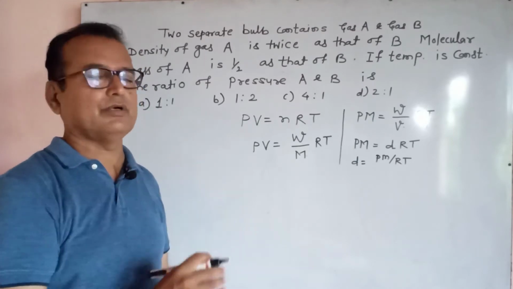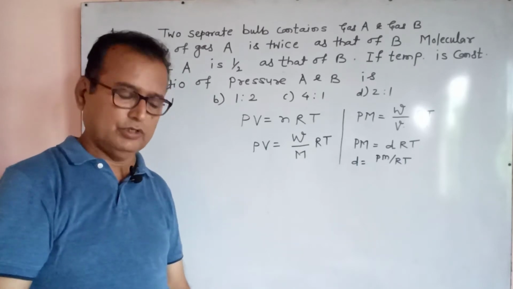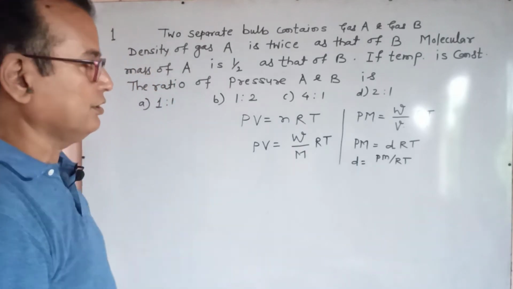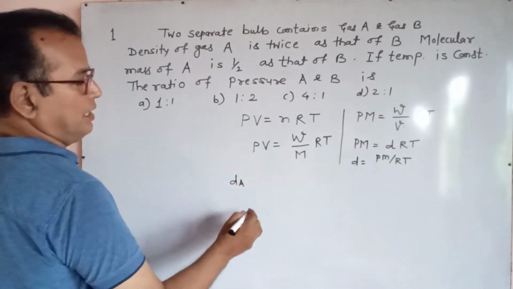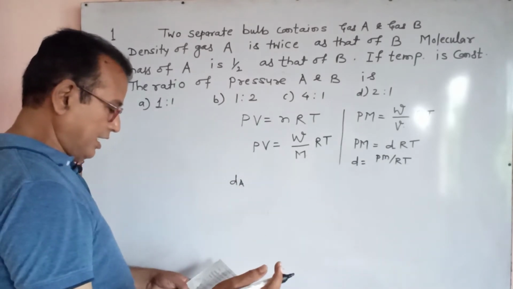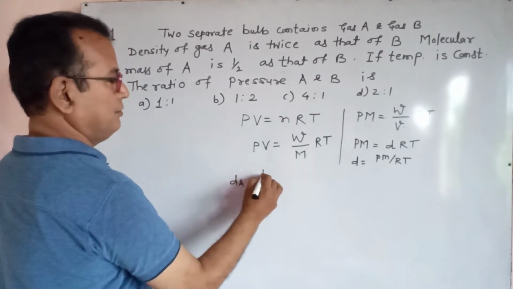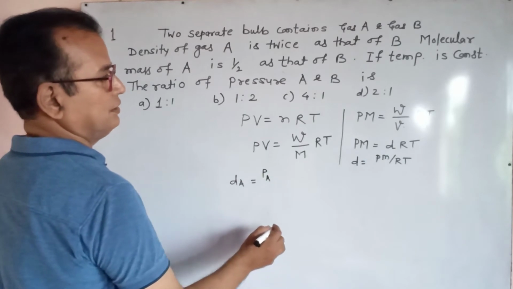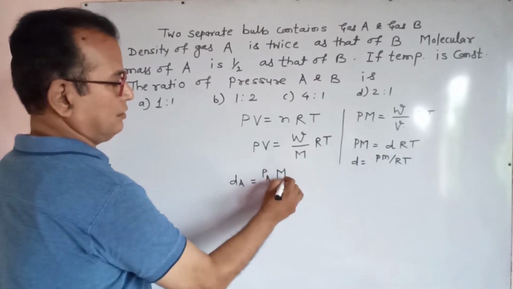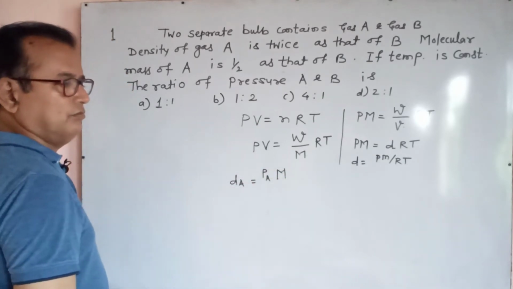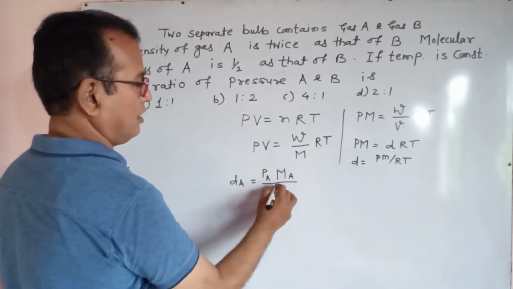Our calculation is related to the density part, so we must develop the formula for density. Here, the density of A gas dA and the density of B gas dB. The density of A gas: the formula becomes pressure of A gas times the molar mass of A gas divided by RT.